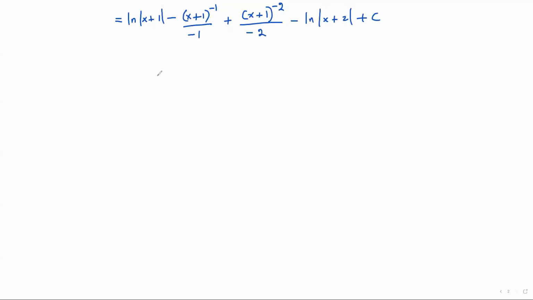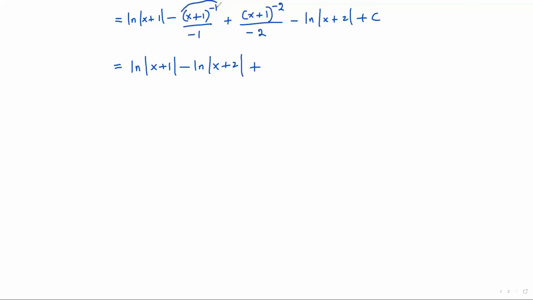Here we have a step from the previous page. So I think we can write these two natural logarithms together. So I get ln of the absolute value of x + 1 minus ln of the absolute value of x + 2, and this negative times negative will become positive, and it can be moved to the denominator because the exponent is negative 1.